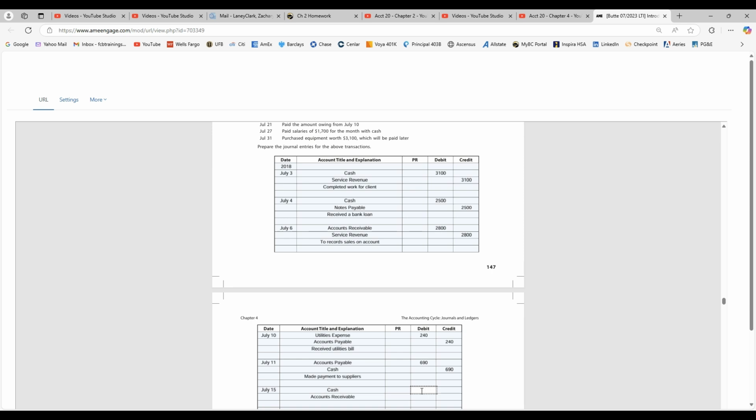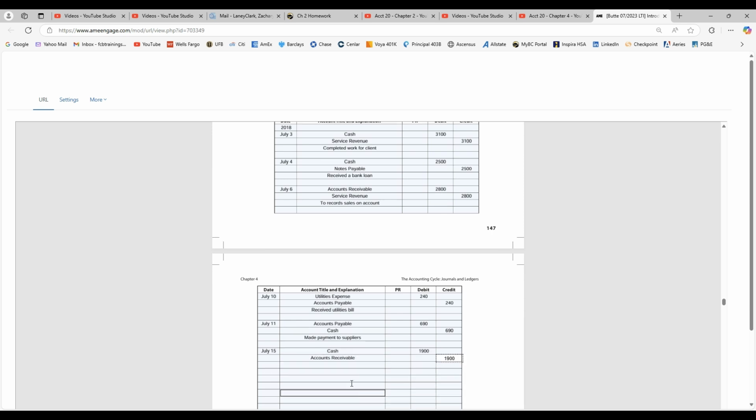And in this instance, on July 15th, they noted it was $1,900. So we credit accounts receivable to reduce it. So whatever that $1,900 related to that was going to be received has now, we'll say, collected cash on account. It has now been received, and their accounts receivable has been reduced.